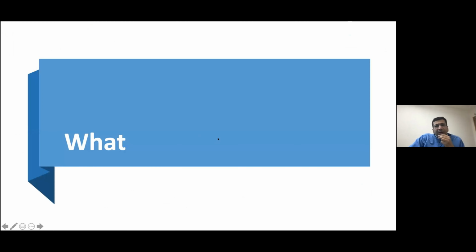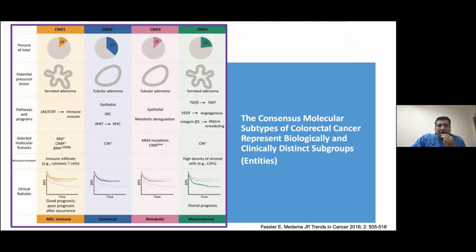We have seen when to test, and indirectly we also know what we need to test. We know that colorectal cancer is a heterogeneous disease. It does not represent a uniform disease. As per the consensus molecular subtypes, it consists of four different types or subgroups.